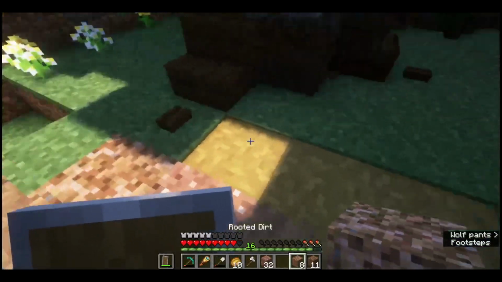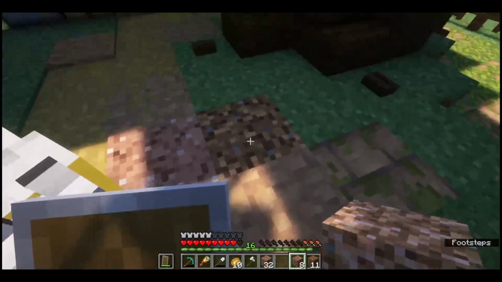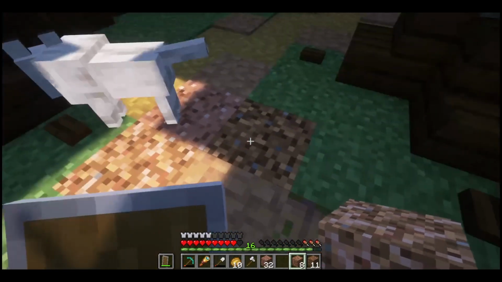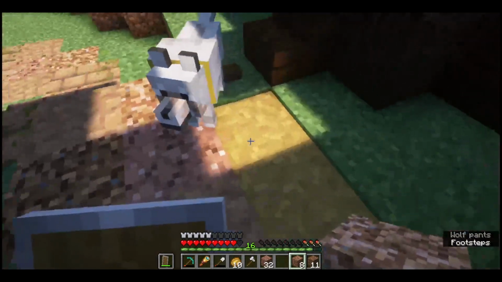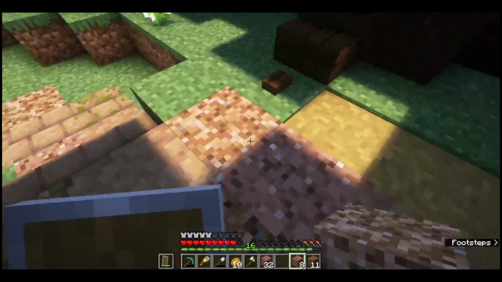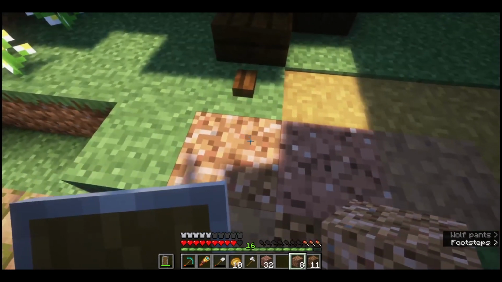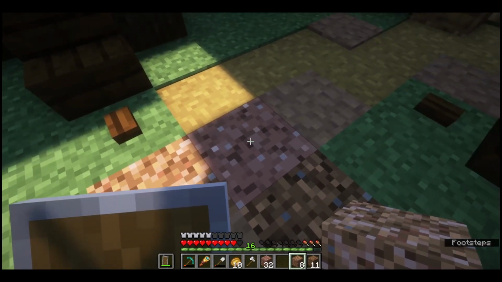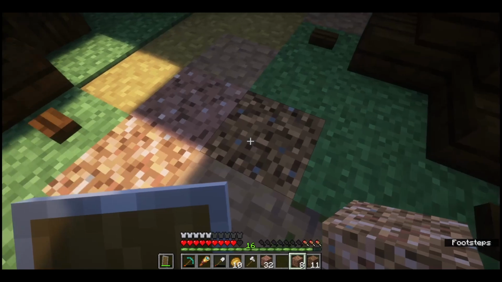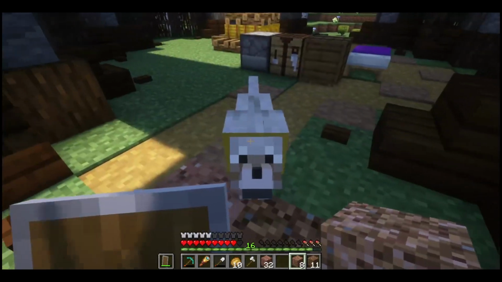Okay. And then, we're going to follow the rules for this one and this one. So both of these are going to be more towards the outside edges. So we've got some rules for those where you can't have them directly next to each other, so this block couldn't be a rooted dirt or a coarse dirt because it would be right next to these.